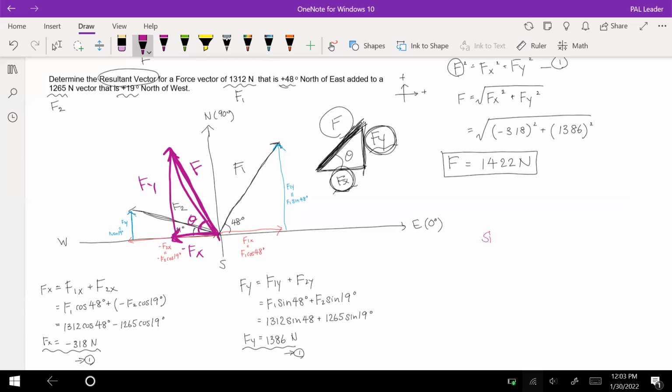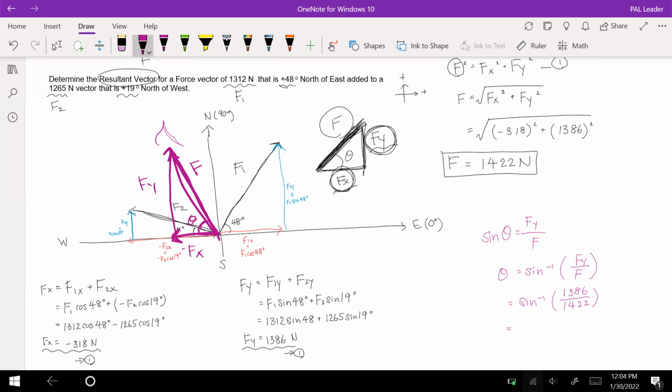So sine theta equals Fy over F. We're looking for theta: inverse sine of Fy over F. Now we just put in our numbers. Fy was 1386. F was 1422.